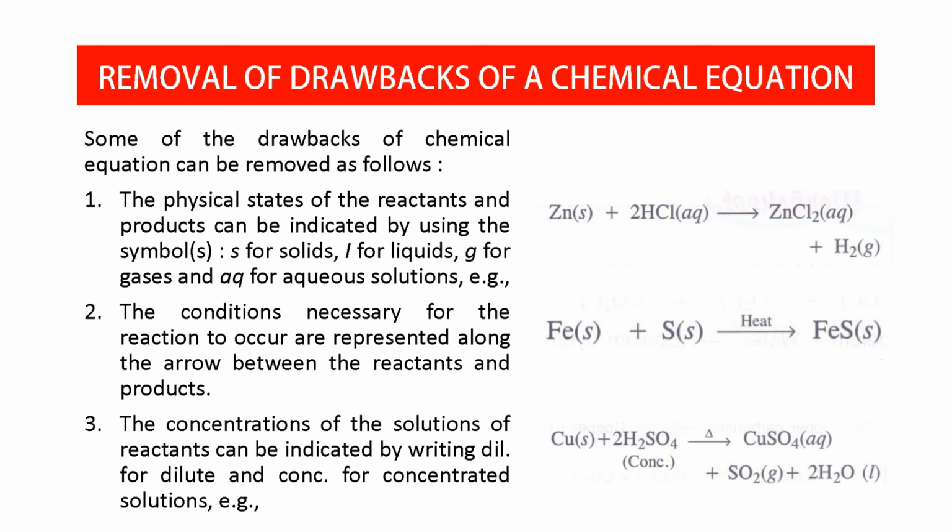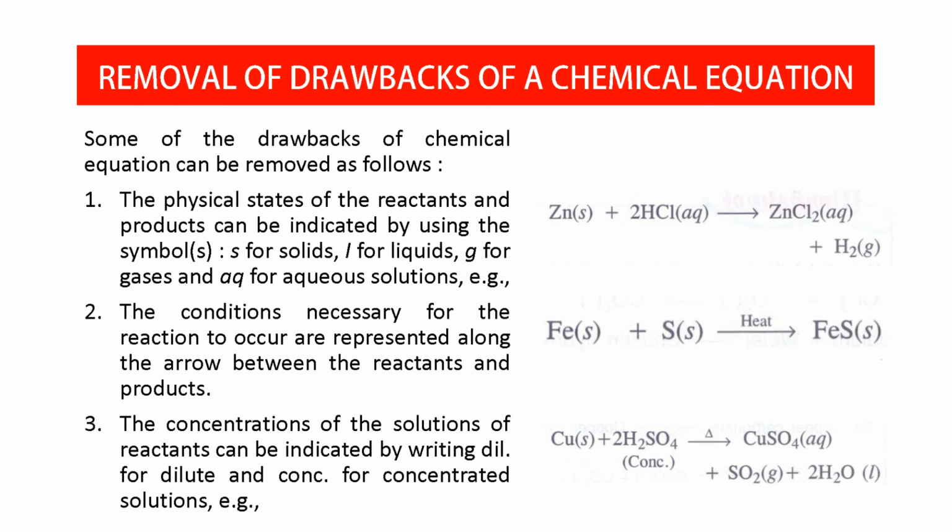Like in this reaction you can see iron and sulfur, and they will form iron sulfide. The physical state is also written here. Iron is solid, sulfur is solid and iron sulfide is also solid. And we can write the condition on the arrow: heat. It means heat is necessary to complete this reaction.